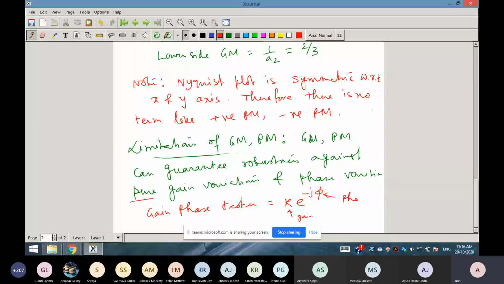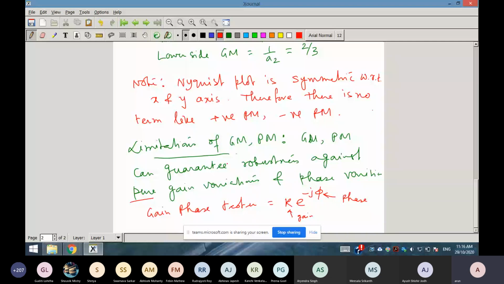So when you determine gain margin, you set phi equal to 0, and when you determine phase margin, you set k equal to 1. This is the gain phase tester. So this is the limitation of gain margin, phase margin, or classical margin.